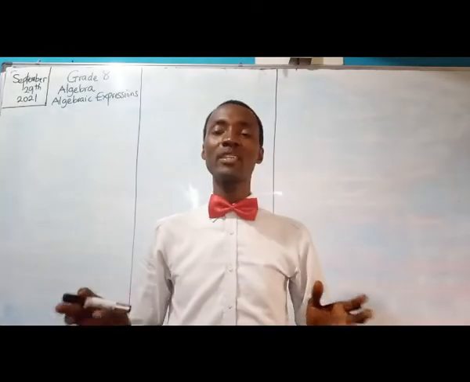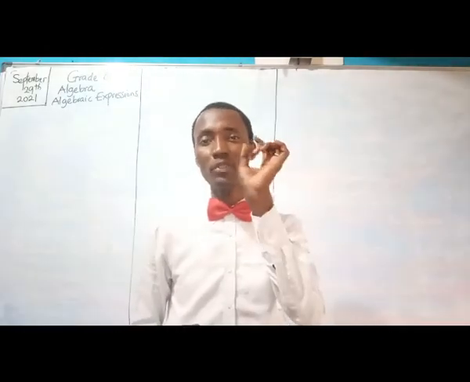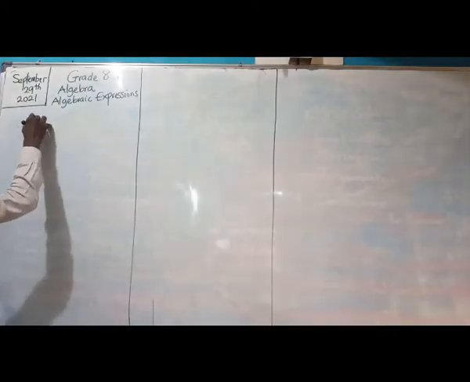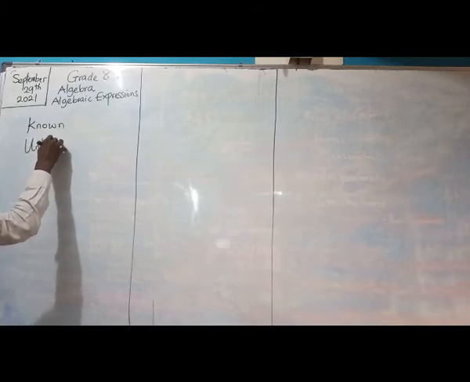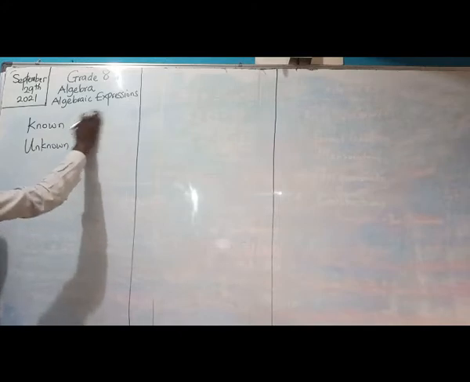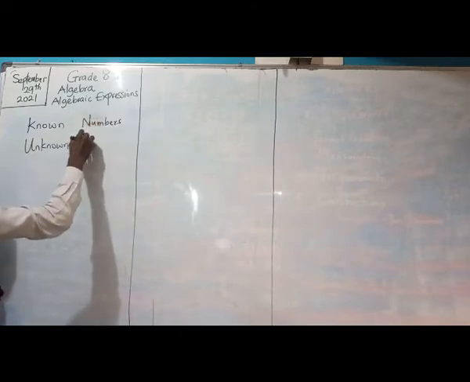Algebra simply is a branch of mathematics that is concerned with two important things: known, unknown. Numbers and letters.